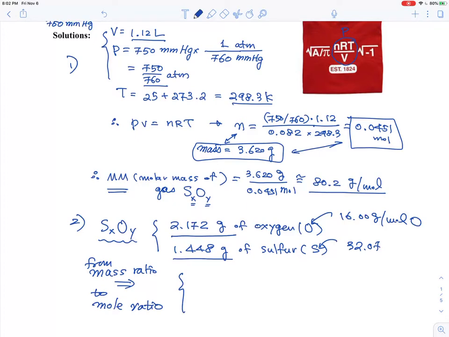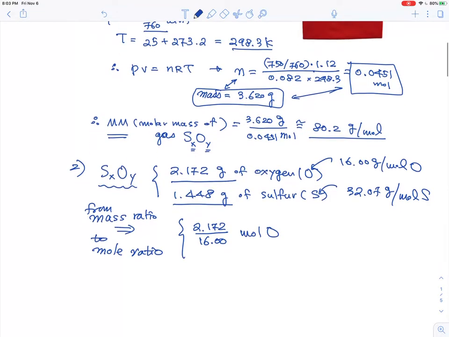So if you do that, 2.172 divided by 16.00 gives the moles of oxygen atoms, and 1.448 divided by 32.07 gives the moles of sulfur. These are very small numbers, and when you compare them, the closest integer value is a 1 to 3 ratio.